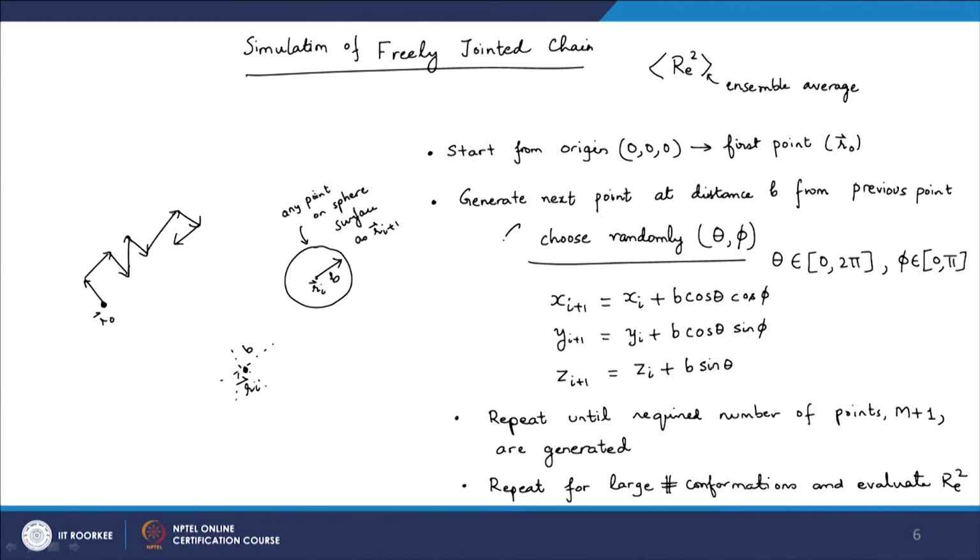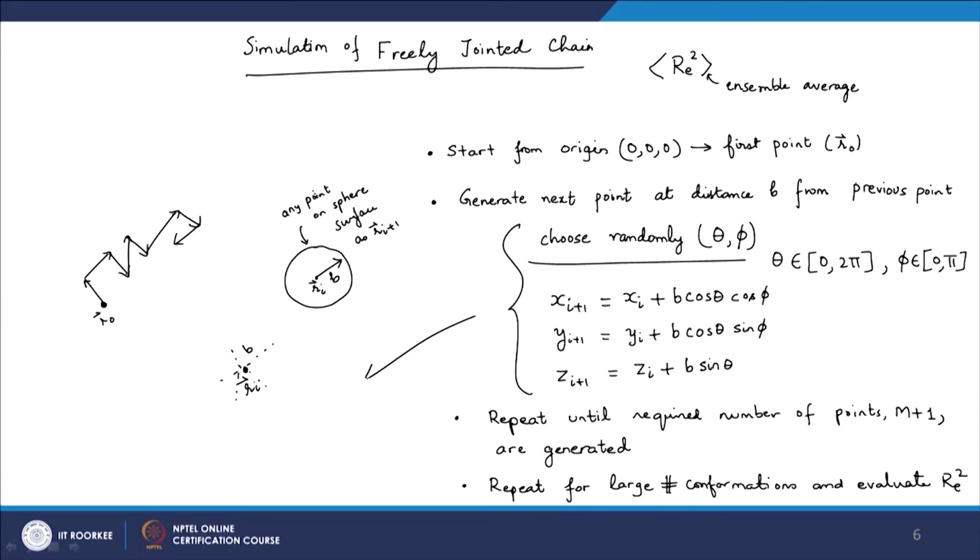There is only a small problem here, that if I use this particular method of generating my random point on the sphere surface, it turns out to be inefficient, in the sense that it will not generate points uniformly over the entire surface. You will tend to have more points near the poles and fewer points near the equator.